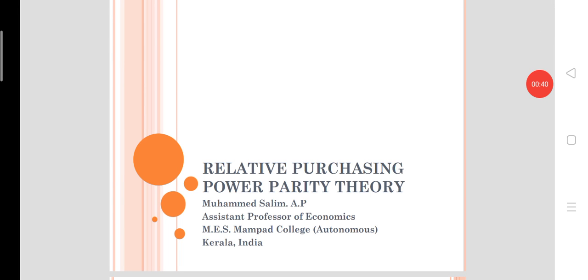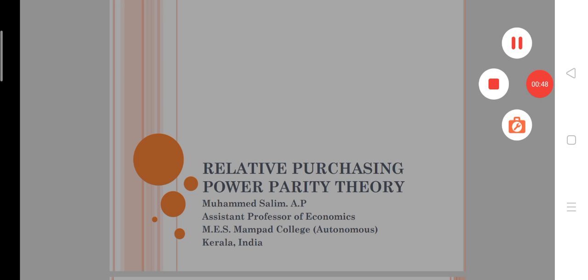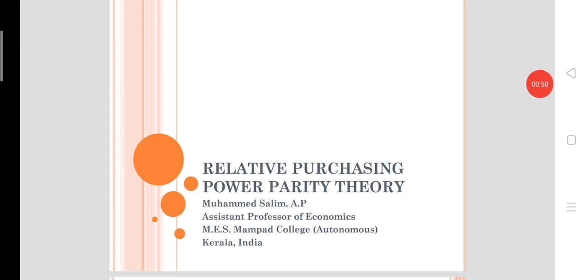This law of one price can be confirmed not in absolute terms but in value terms. So to speak, a 10 rupees worth commodity in India will be priced at 1 Chinese yuan in China at the rate of 1 Chinese yuan equal to 10 Indian rupees. So this is the law of one price.